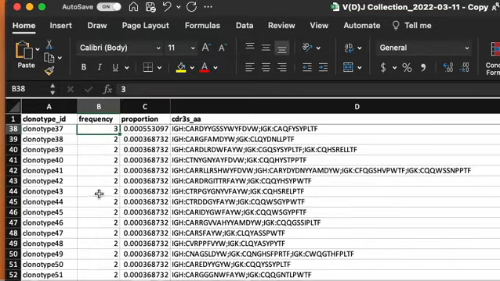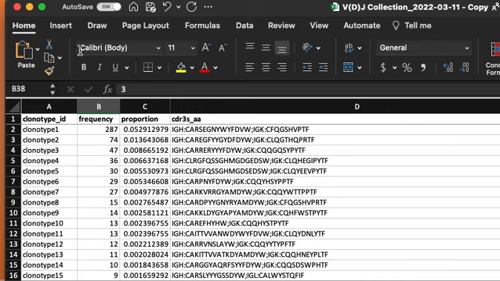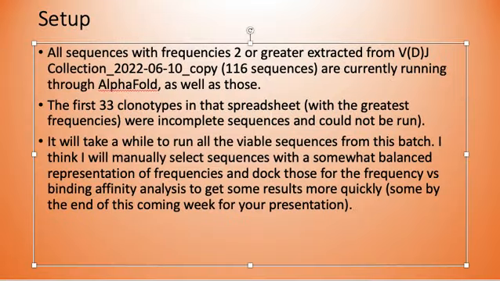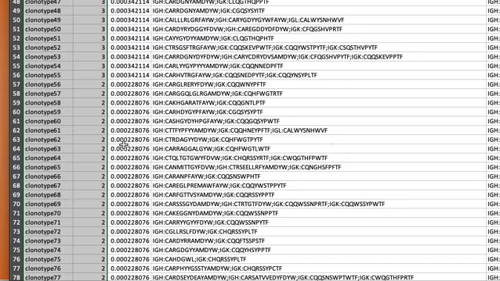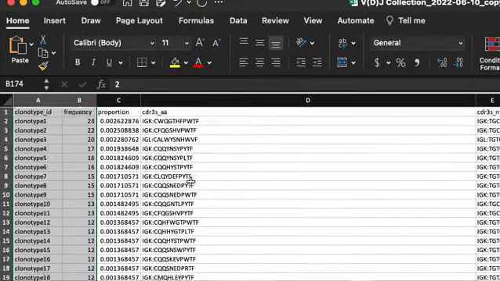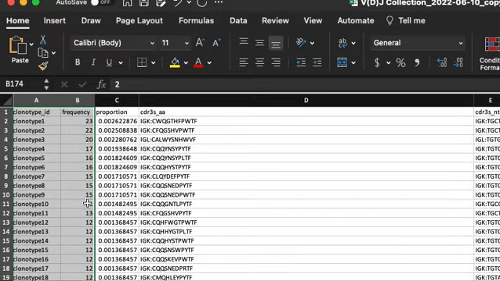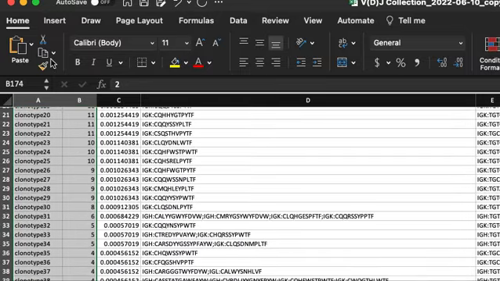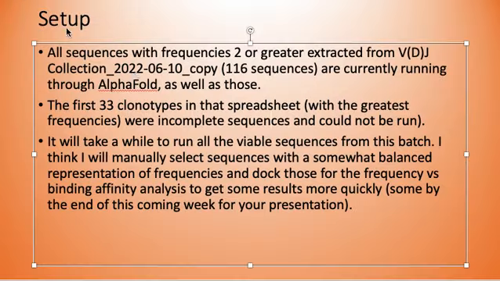And then I'll take maybe a handful of 2 from the June 10th database, because again, the ones with higher frequencies in this database aren't viable sequences that can be run. They're not complete, whereas in the other one they are. So hopefully in this way I'll have a somewhat balanced representation of frequencies versus binding affinity, so there can be some results for your presentation this week. Hopefully I can get a decent balance.